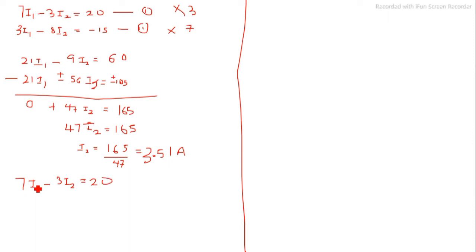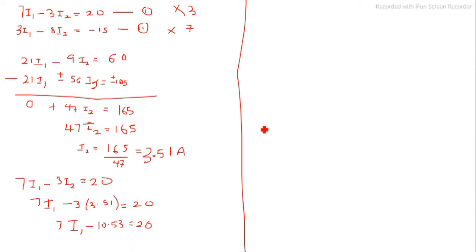Solve for I1 since you know I2. 7 I1 minus 3 times 3.51, that's 10.53, equals 20.